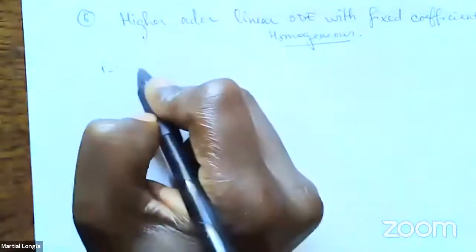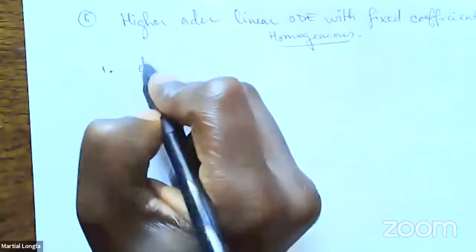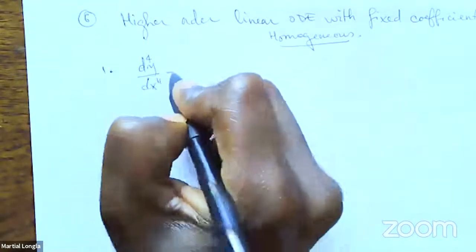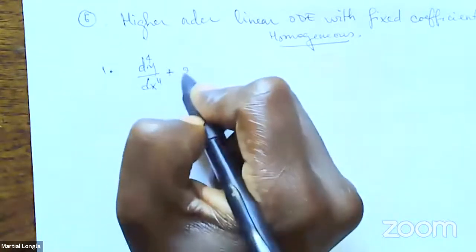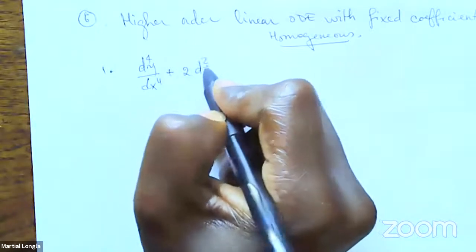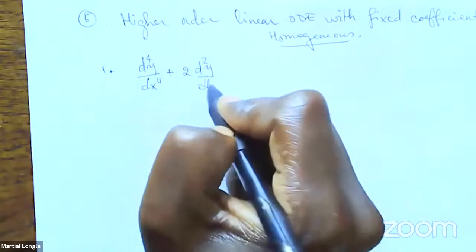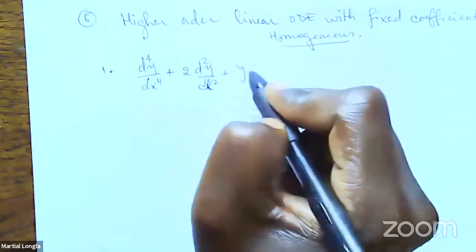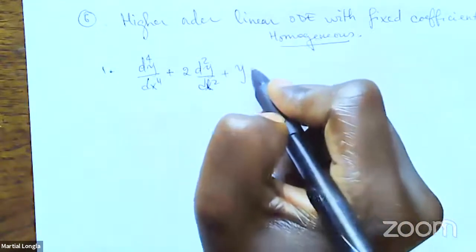Let's see, in the first one here, we solve this. Fourth derivative plus twice second derivative plus the function equals 0.